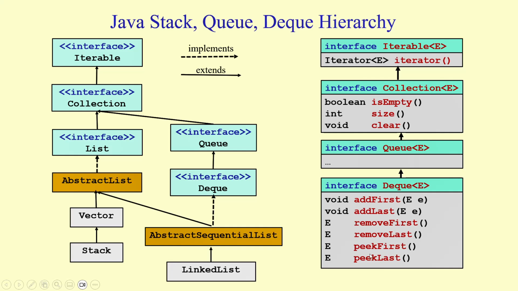And peekLast is going to return the element at the end of the deque without removing it. Obviously, because Deque is extending Queue, which is extending Collection, we also have isEmpty, size, and clear methods.